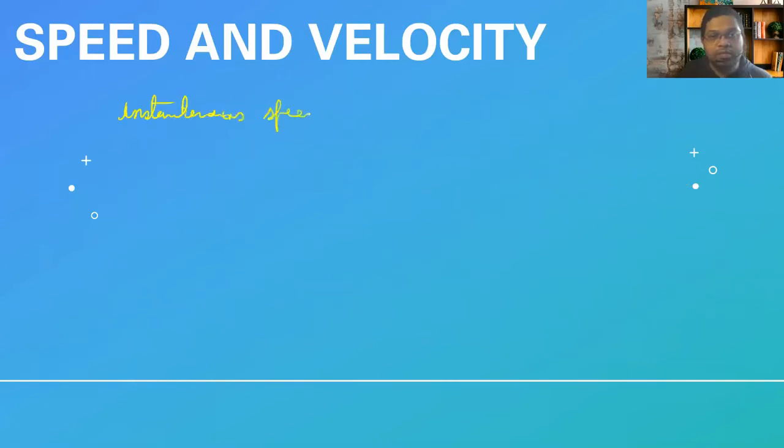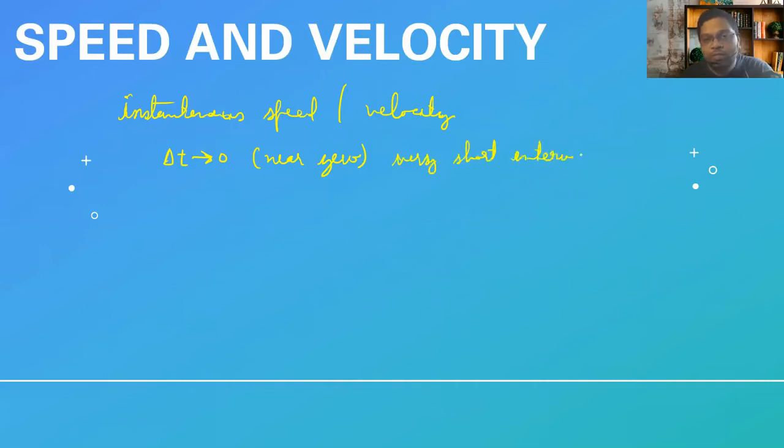Instantaneous speed and velocity. Okay, so when you're talking about a body which is moving and the speed or velocity of the body is calculated in a very short interval of time, generally it is denoted like this. That means the time interval is near zero, a very short interval of time.